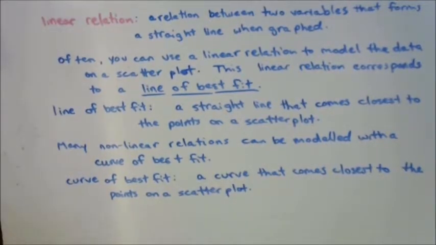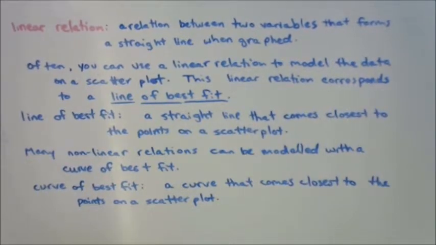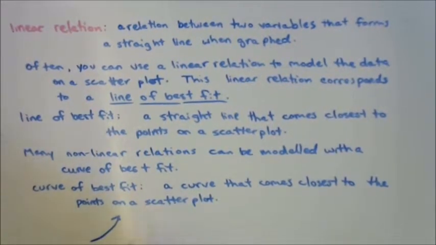Now, if your data looked very linear, that there was a linear correlation, then you would use a line of best fit. You wouldn't use a curve of best fit. If it looks like it's not linear, then you would say, okay, I'm going to apply a curve to this, whether it's a positive curve or a negative curve, or maybe it curves like this, right?